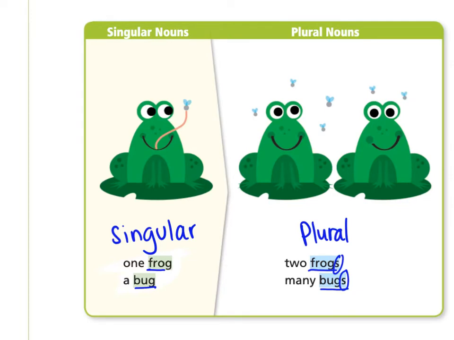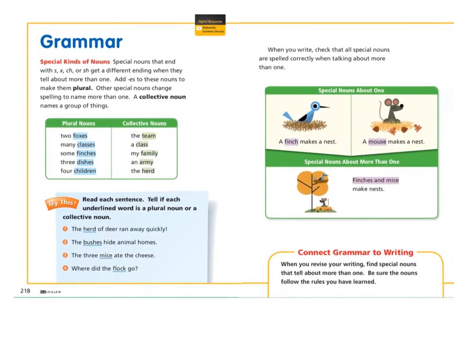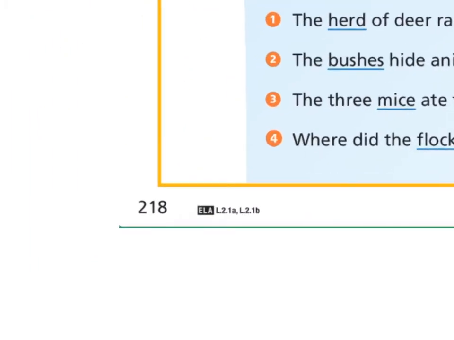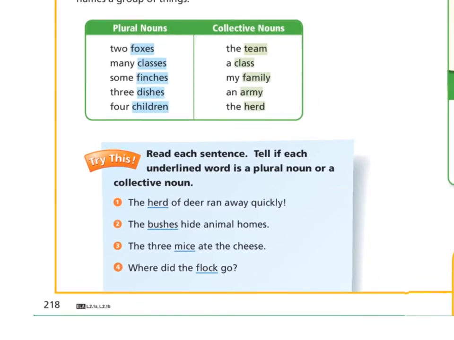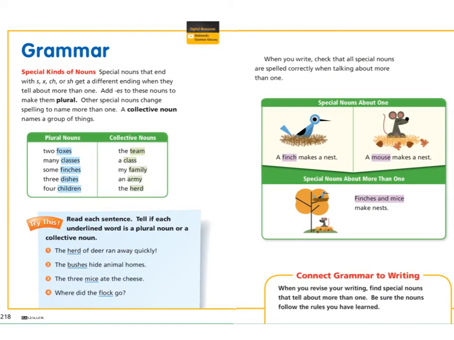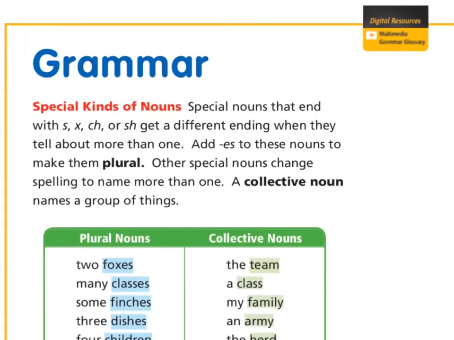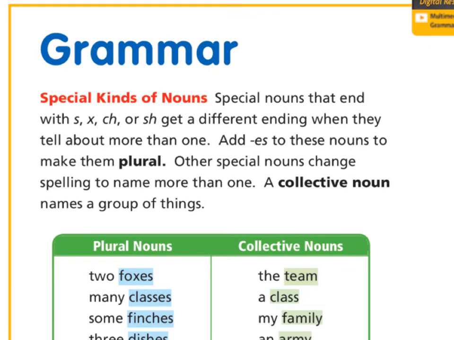Let's read about when we know to add ES. So you can follow along on the screen, and you can also take out your Journeys textbook and turn to page 208. And then follow along reading with me. Special kinds of nouns.